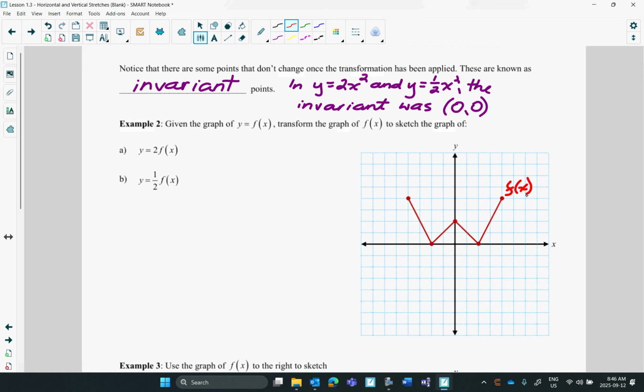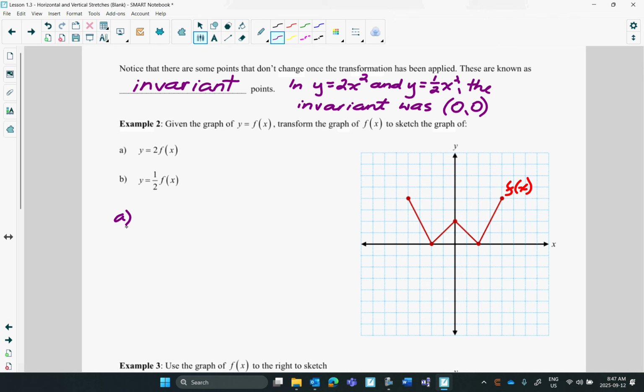So for example, I'll go through the first one and then you guys can go through the second. For this one, if I did it mentally, I would go to all the points I see and double the y values. So I always like to start from left to right on the graph. So I'm going to start at this point. Remember, the x doesn't change.